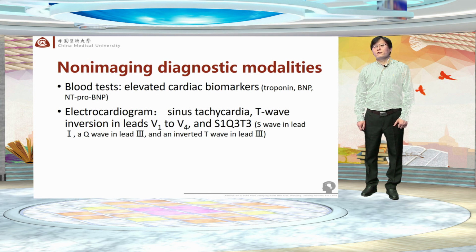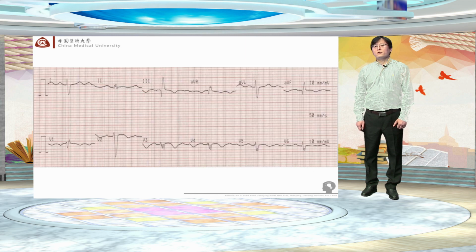Usually on EKG we can find sinus tachycardia, T-wave inversion in leads V1 to V4, and a special type of appearance on EKG that is S1Q3T3. So an S wave in lead 1, a Q wave in lead 3, and an inverted T wave in lead 3. This is S1Q3T3.